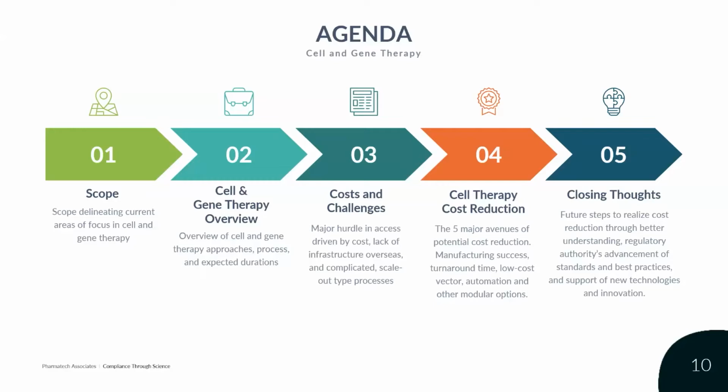The high cost of this therapy typically leads to a lack of infrastructure that gets a little bit more pronounced when certain high costs are involved, and then a lot of these processes tend to be complicated scale-out type processes. So knowing the challenges, knowing the entire process in and out, goes a long way towards the 5 major avenues for cell therapy cost reduction that we'll be talking about, which is contingent upon manufacturing success, lowering turnaround time, and so forth.